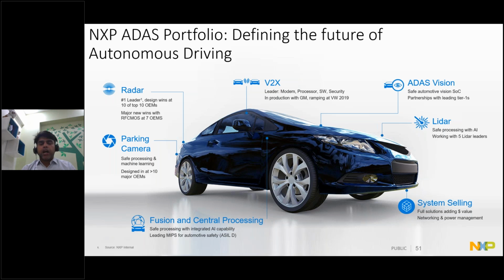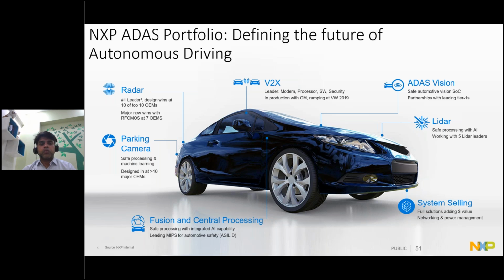For autonomous driving, you need a variety of analog and RF centric solutions to solve the problem. There's no one solution. For example, radar is essential in solving the autonomous driving problem, and we are a big supplier. In fact, the biggest supplier of automotive radar in the world right now.